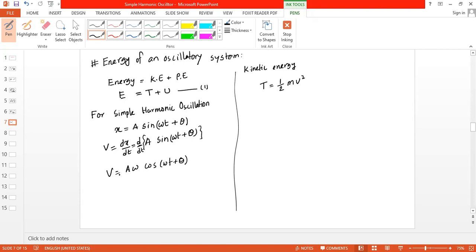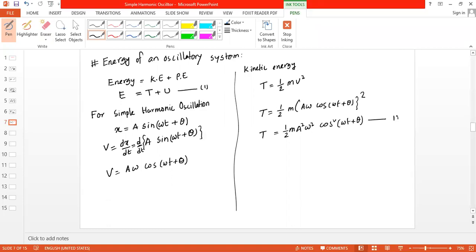If we replace this velocity here, T equals 1/2 times mass times... oh, I made a mistake, guys. There should be an omega. The velocity is a omega cos of omega t plus theta, whole squared. So this is T equals 1/2 m a squared omega squared cos squared of omega t plus theta.